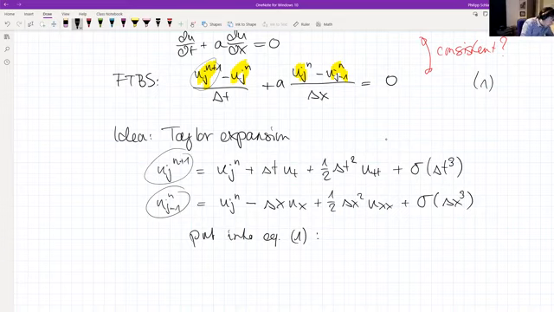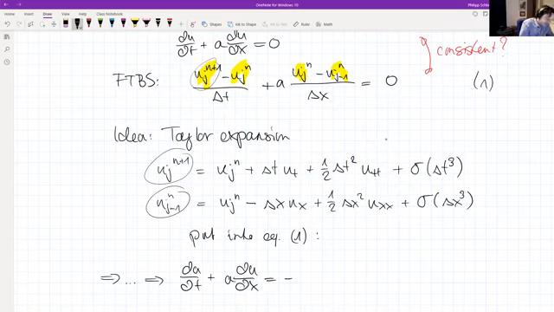So what I will get as a result is du/dt plus a times du/dx, but then I will get some terms on the right side, which are essentially these guys here.